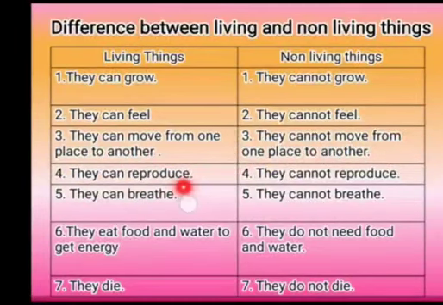Living thing can reproduce, non-living thing cannot reproduce. Living thing can breathe, non-living things cannot breathe. Living things eat food and water to get energy. Non-living things do not need food and water. Living things can die, non-living things cannot die.